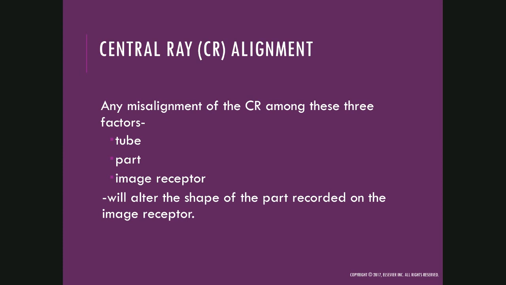If your image receptor and your part are not parallel to each other and your central ray is not perpendicular to them, if you have any of those things off, you're going to change the shape of your part.